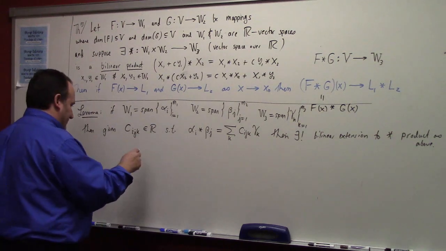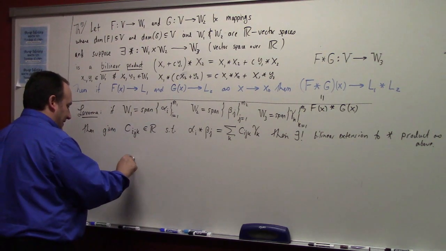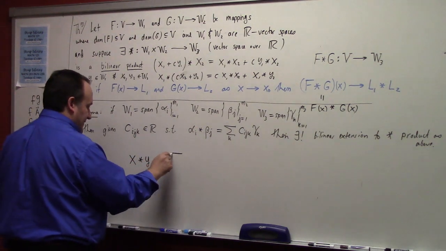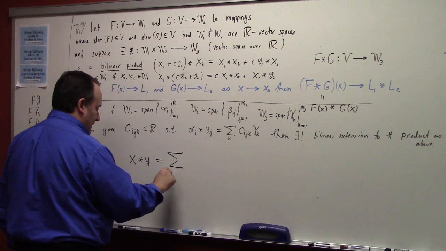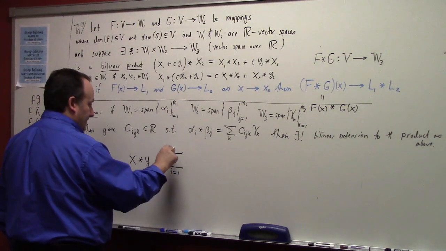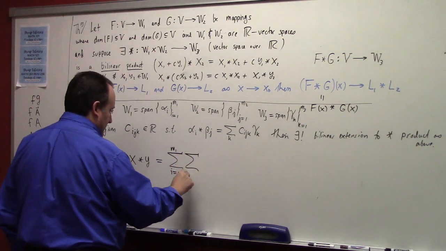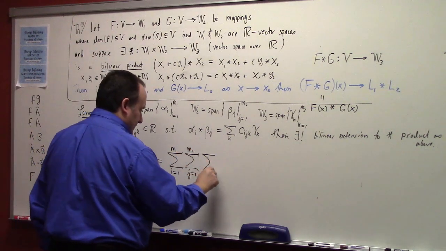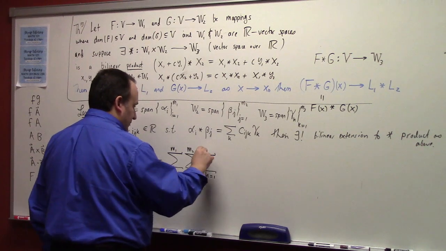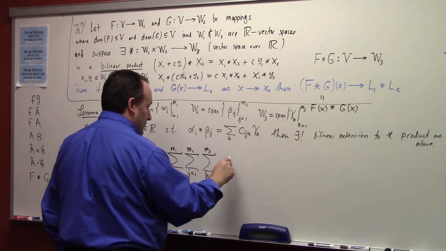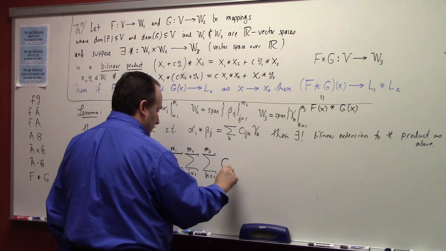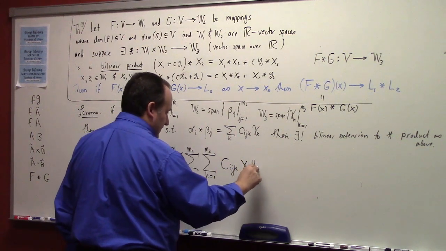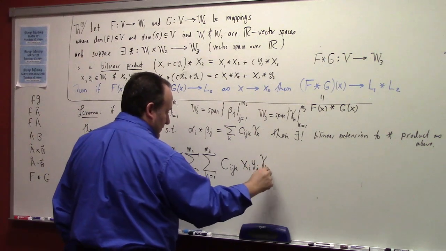So if I've got like x star y, I can write that as the sum over i equals 1 to M1, sum over j equals 1 to M2, sum over k equals 1 to M3 of, well, C_ijk, x_i, y_j, gamma_k.